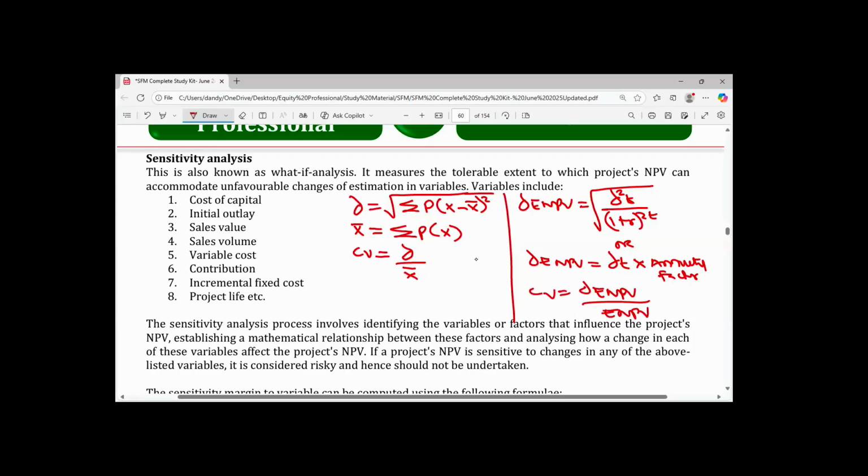So you see the difference between the two. Your coefficient of variation is dependent on the standard deviation and the expected value you have previously computed. So watch out for the two.